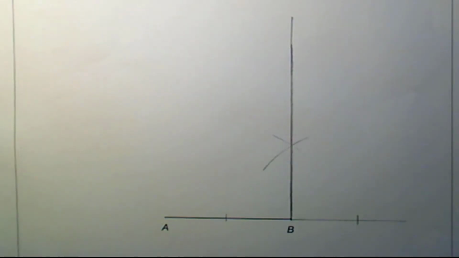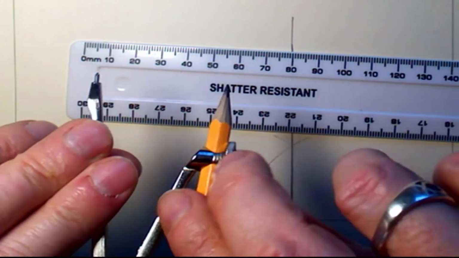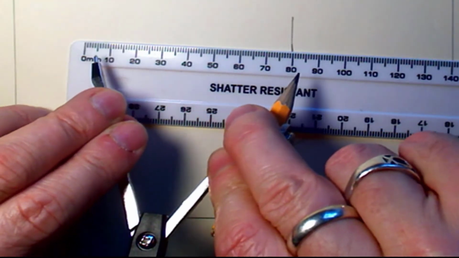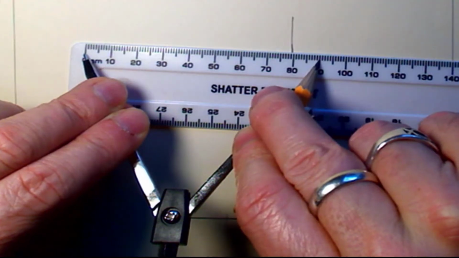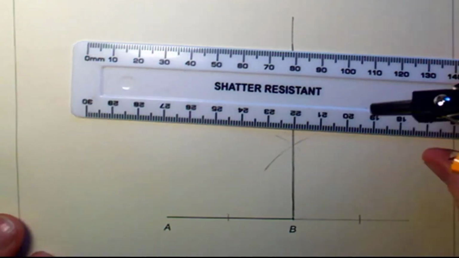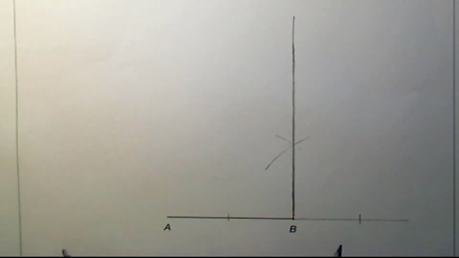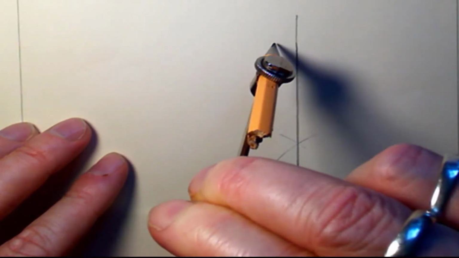To work out the tip of the triangle, we're going to have to get our ruler out again. This time we're going to change the aperture of the compasses so it's exactly 9 centimeters. Like that. Then put in the tip of the compass in A. Draw a short arc which just cuts my new line.